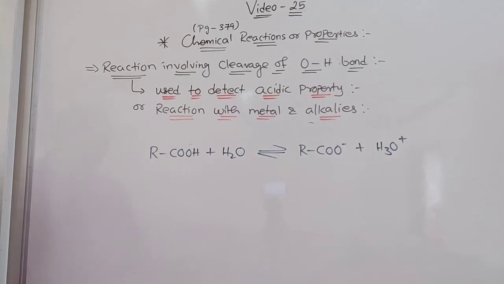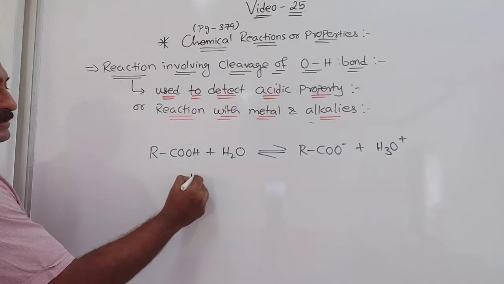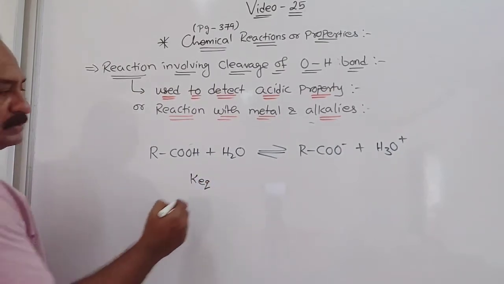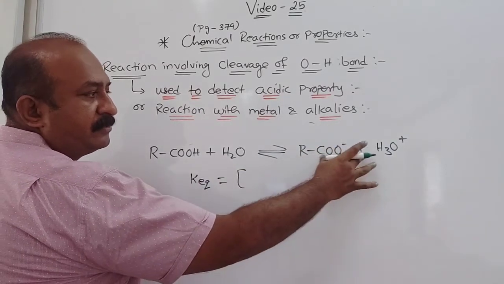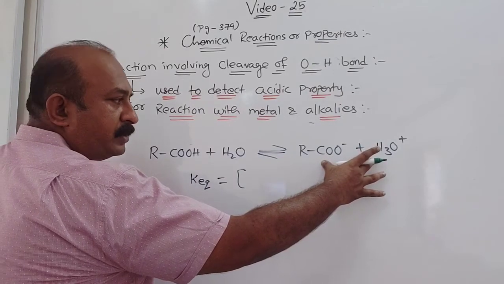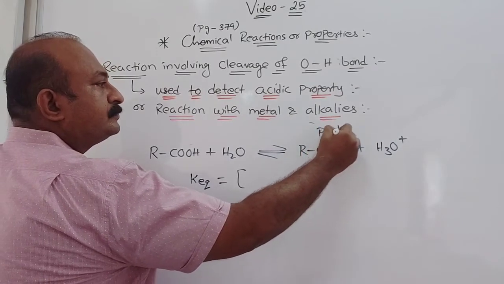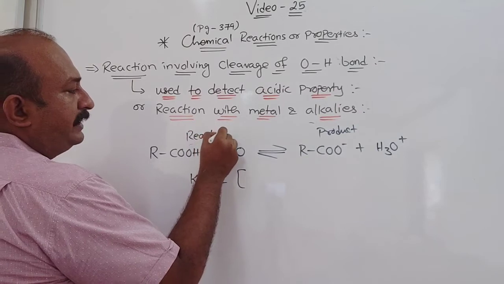Okay, so in this case, if I want to write the equilibrium constant for this reaction, in your book they have written Keq. Keq is equal to the product of concentrations of ions on the product side upon the concentration on the reactant side.